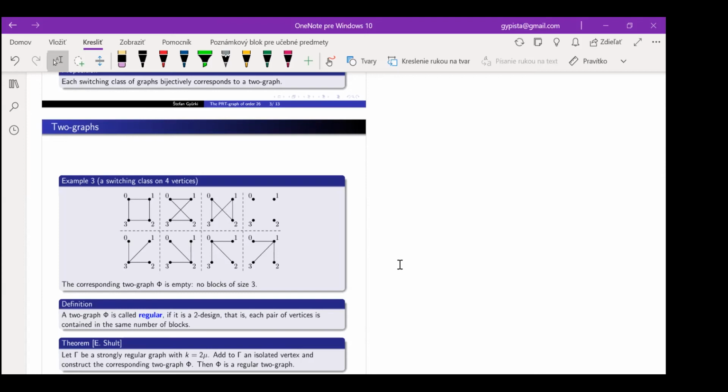So this is one two-graph, or one equivalence class, or switching class on 4 vertices. And it is enough to check on one graph, for example this one, how the two-graph looks. It's easy to see that among any 3 vertices the number of edges is 0, so the corresponding two-graph is empty.